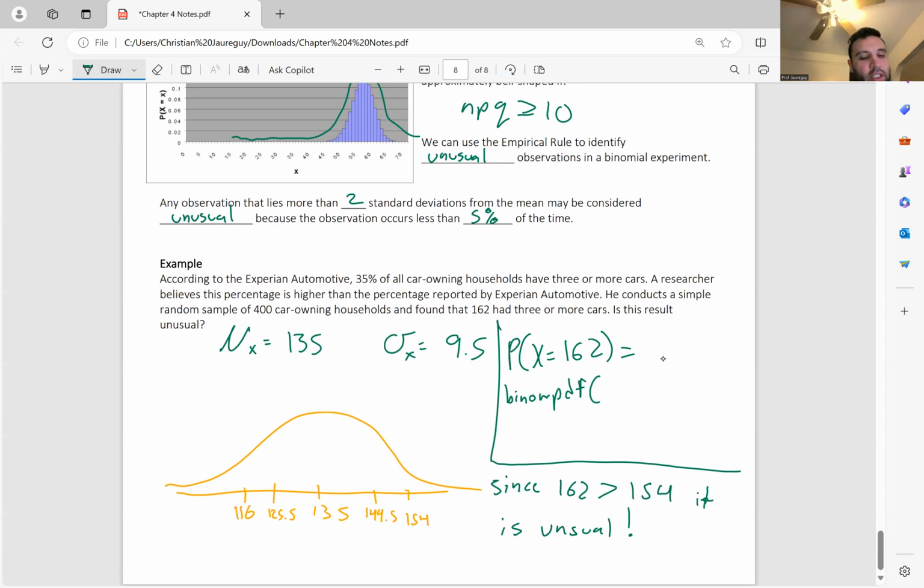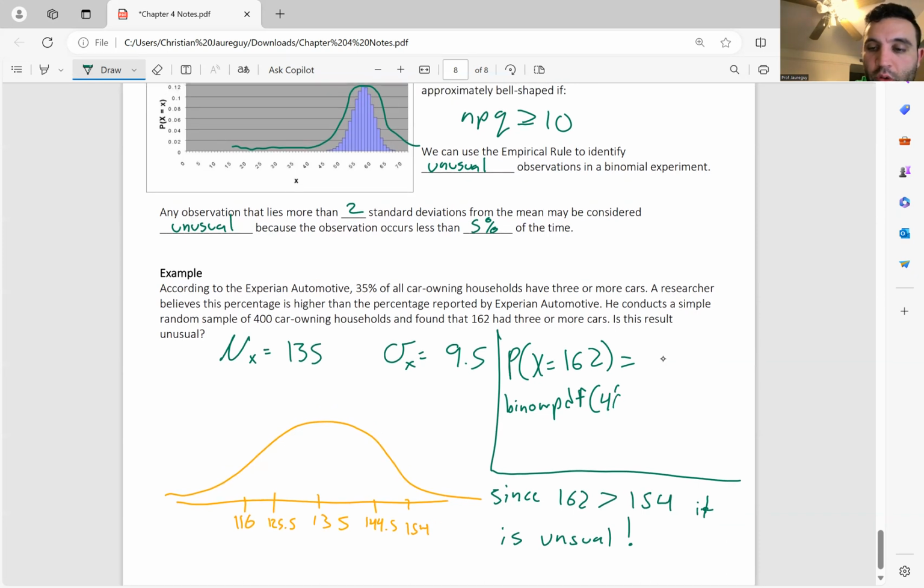I'm running it alongside you. 400, 0.35, 162, and we get 0.003. So definitely unusual. That's very, very small.